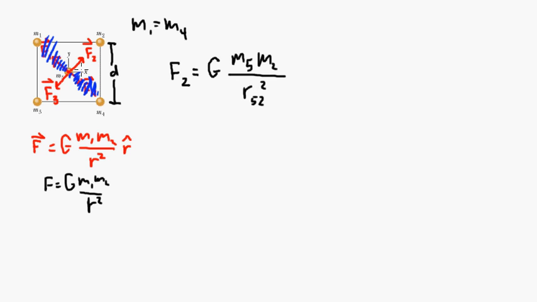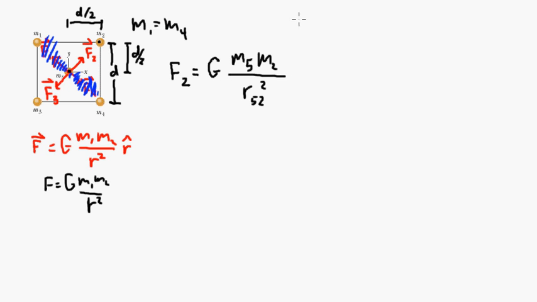But what we can see here is because this mass here is exactly in the middle, it's got a displacement here that's d over 2 to the left of M2 and d over 2 below M2.